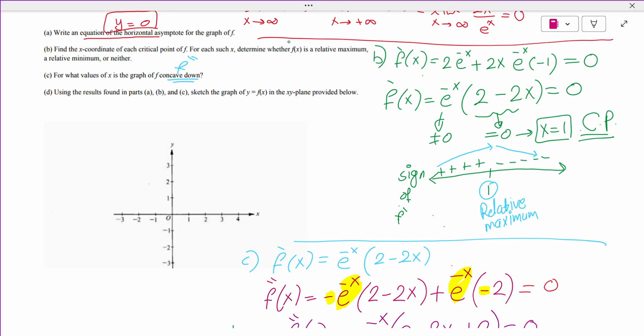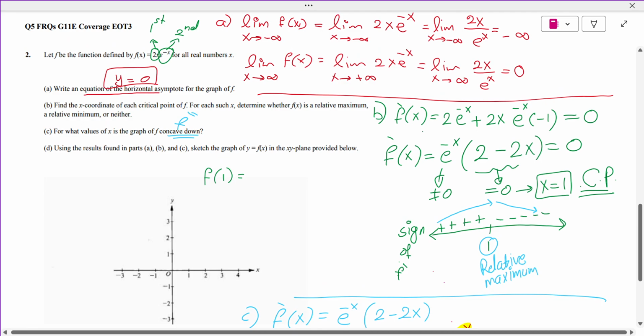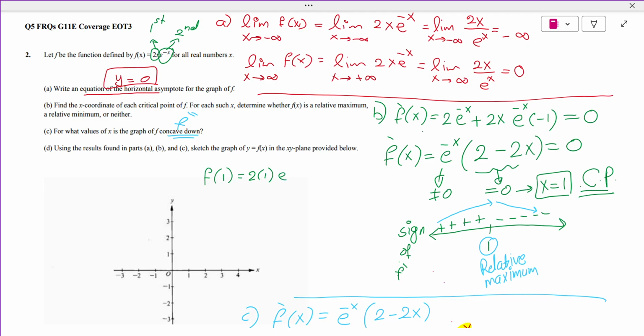But what is f of 1? Well, f of 1, if you look at the function on top, it will be 2 times 1 times e to the power of minus 1. That would be 2 over e.